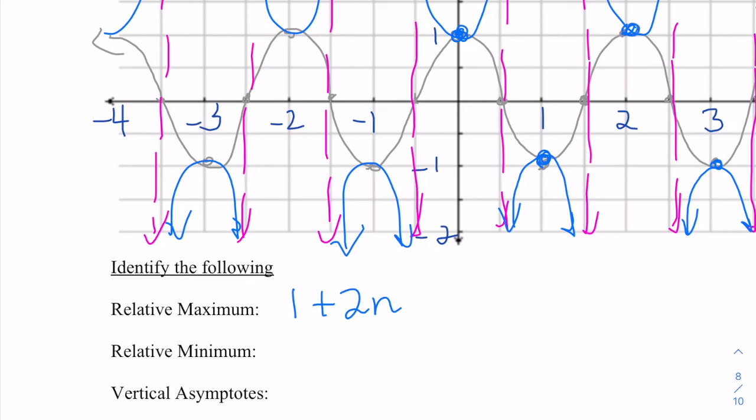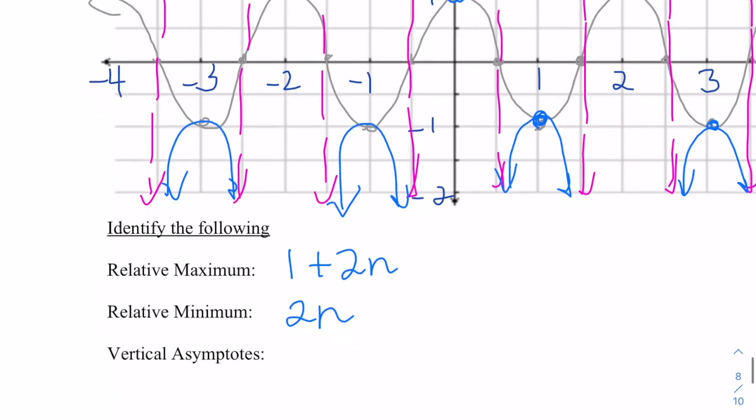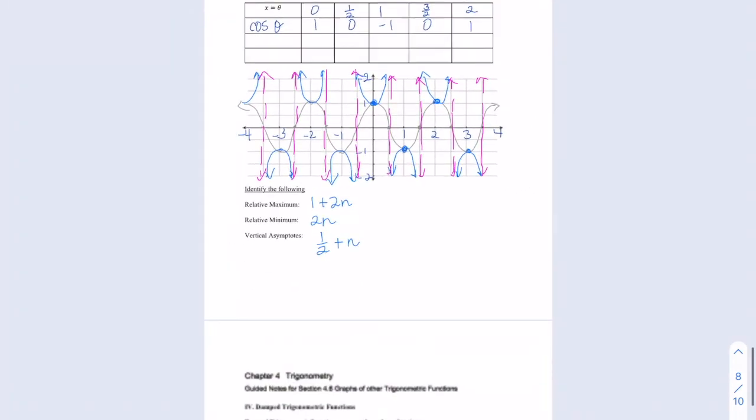It's a little off over there. But the period was 2, so it's 2n. And then the vertical asymptotes were at the halfway point. So it's going to be at 1/2 plus, and you can notice right here, it's just going to be 1 unit in between. So it's just going to be n for those vertical asymptotes.